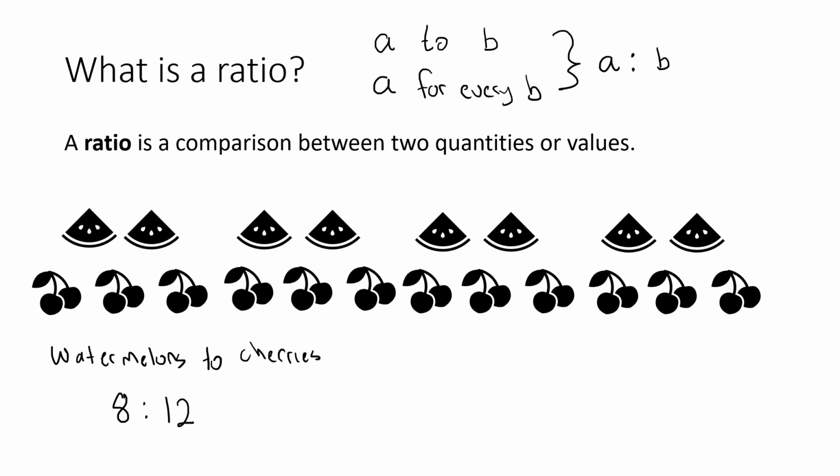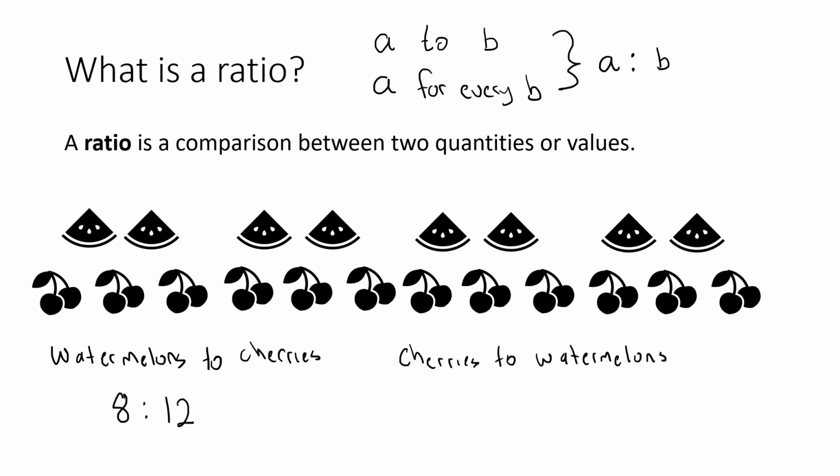Now, what if I change the order? What if I wanted cherries to watermelons? When it comes to ratios, the order matters. Whatever is listed first always gets listed first in my notation.